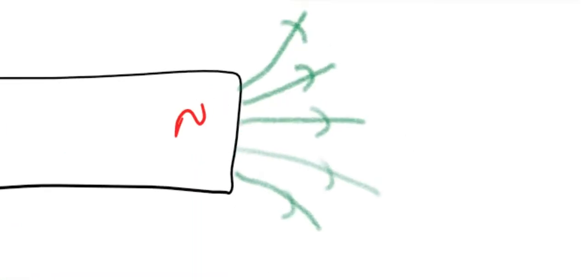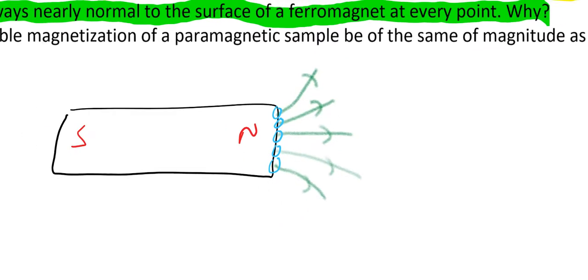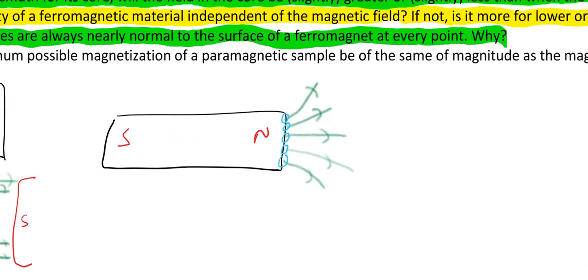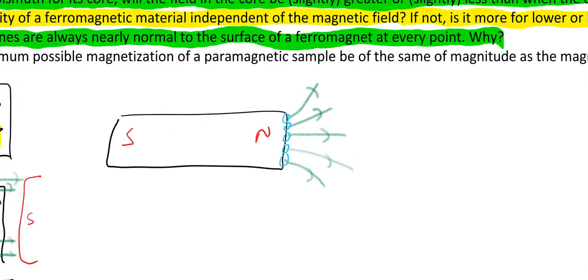So locally the field lines must come out perpendicular to the surface, and this is true even for an ordinary iron piece, because when it responds to an external magnetic field it becomes a magnet, and as field lines cannot intersect, they have to be perpendicular to the surface locally.